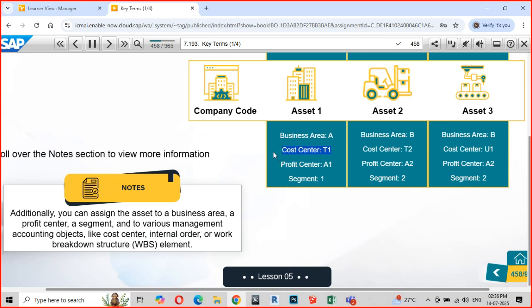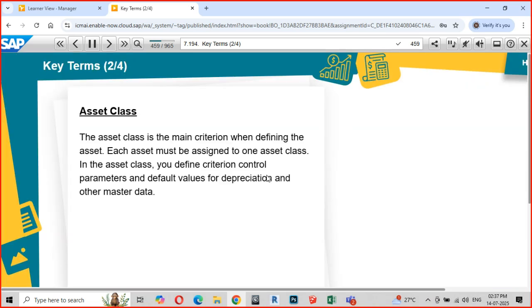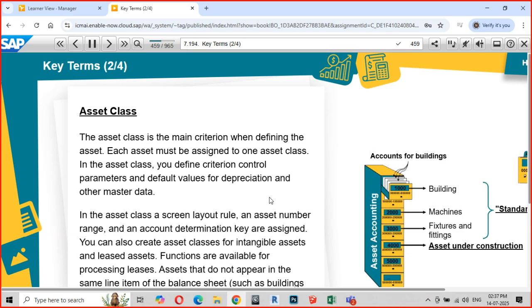You will understand slowly as to what I really meant by this statement. Just hold on, let me move on. See, we are aware of what is an asset class. Just like you had a classification of your GL account, your vendors, your customers, same way you categorize your assets into different asset classes.